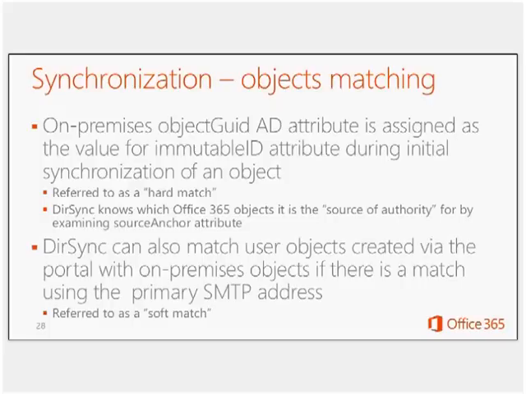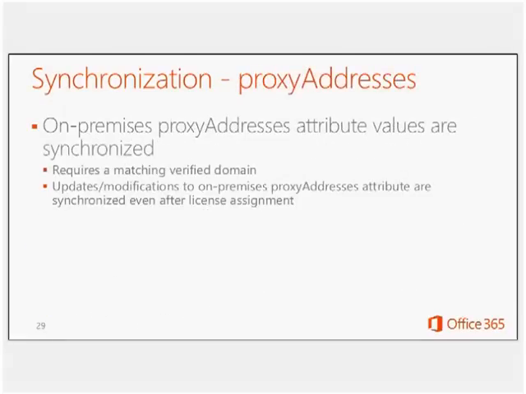It will pick up those users who you had built with cloud IDs, and it will soft match against those when you DirSync. So from a step-by-step process, you're able to move from cloud IDs to DirSync IDs with that soft match capability. That's a big part of moving from pilot to deploy: making sure all those users keep moving through, there's nothing throwaway, and they continue moving forward as you're DirSyncing.